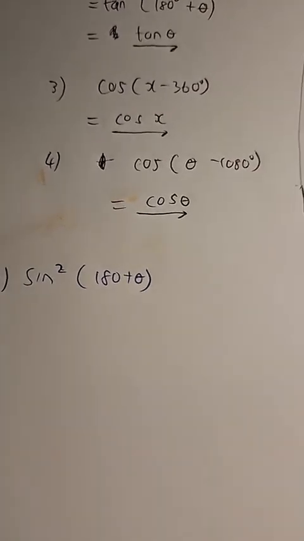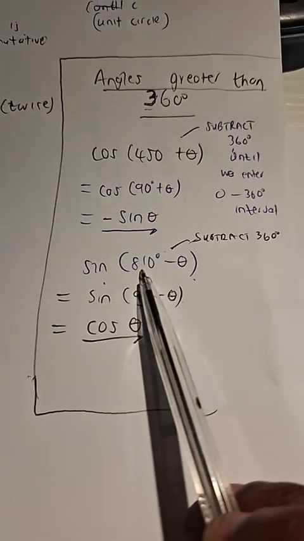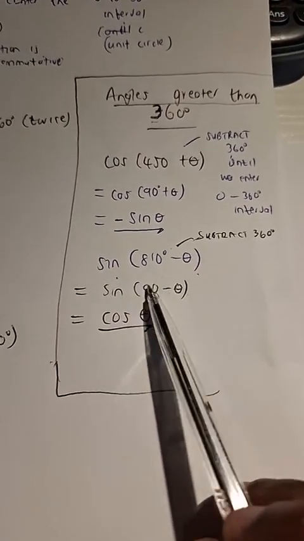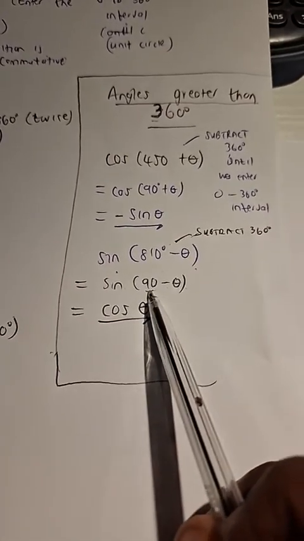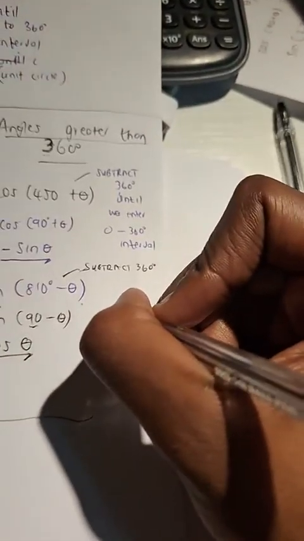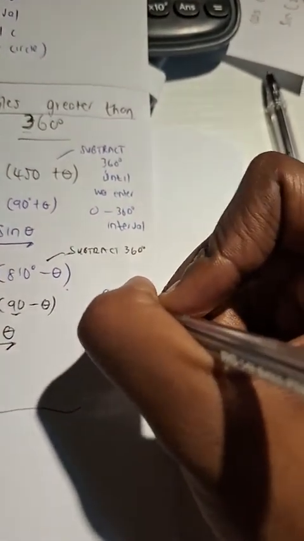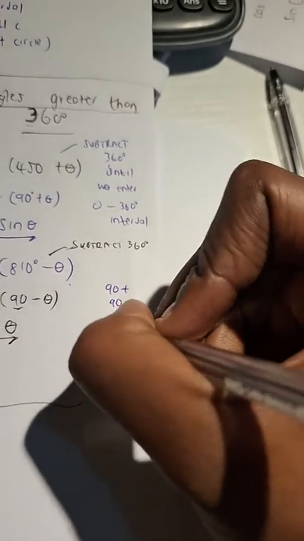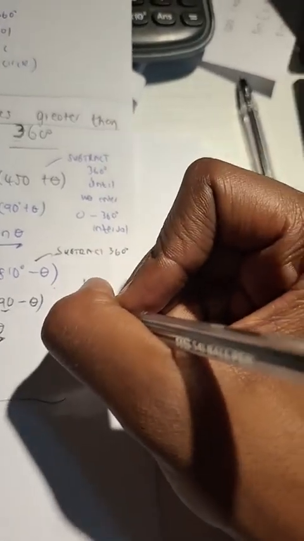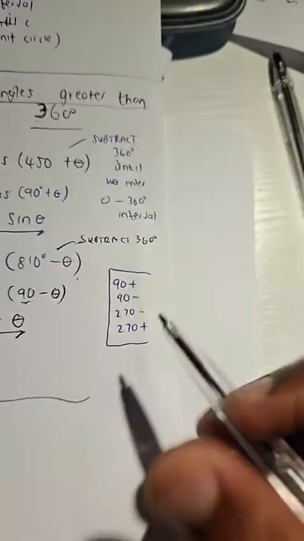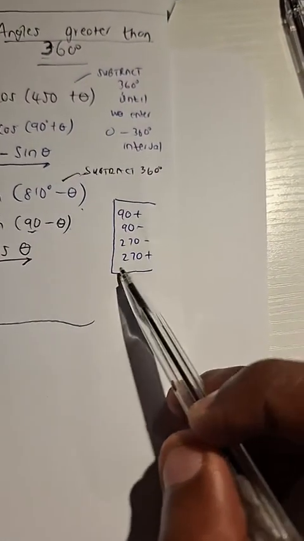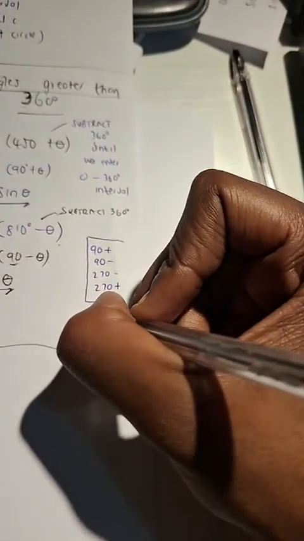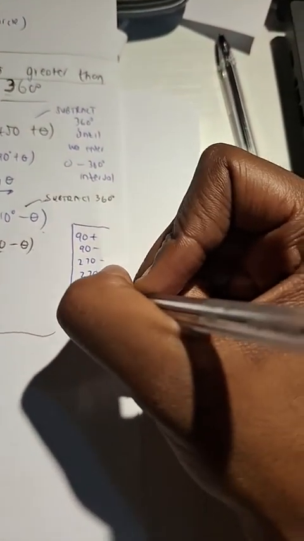Because it is a co-ratio, that is a rule in trigonometry, that whenever you have a co-function, 90 plus, 90 minus, 270 minus, and 270 plus lead to a change of trigonometric ratio.